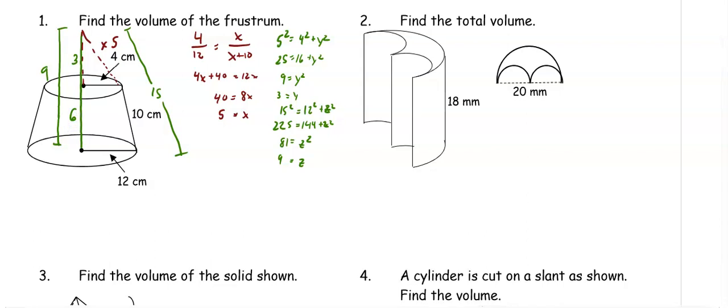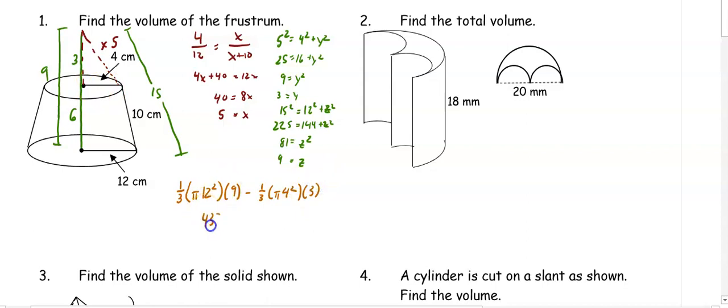So now we can find our volume by doing the volume of the big cone and then taking out the volume of the small part of the cone that was chopped off. Remember, the volume of the cone is 1/3 base area times height. So we have 1/3 times pi 12 squared for our bigger base times the height of 9, minus 1/3 pi 4 squared for the smaller base times the height of 3.